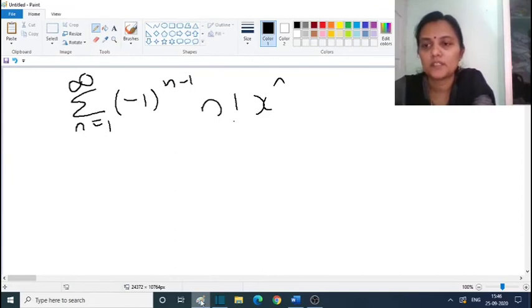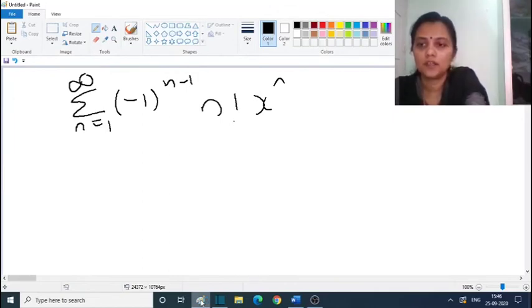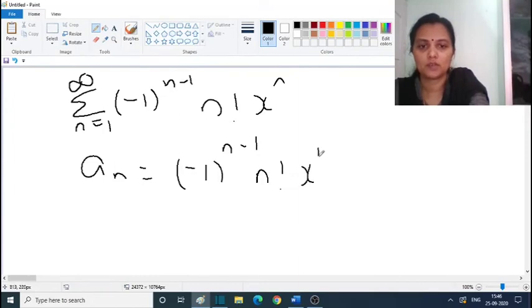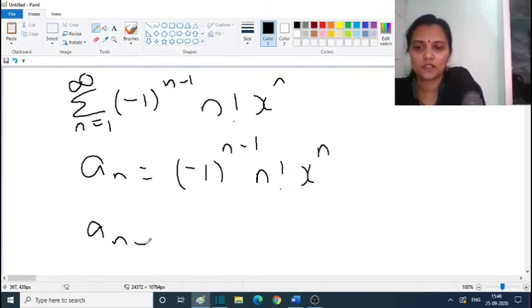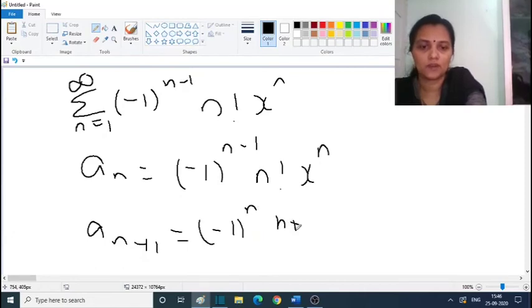Next problem is test for the convergence of the series sigma n equal to 1 to infinity, minus 1 raised to n minus 1, n factorial x raised to n. Here a_n is equal to minus 1 raised to n minus 1, n factorial x raised to n, and a_(n+1) is equal to minus 1 raised to n, n plus 1 factorial x raised to n plus 1.